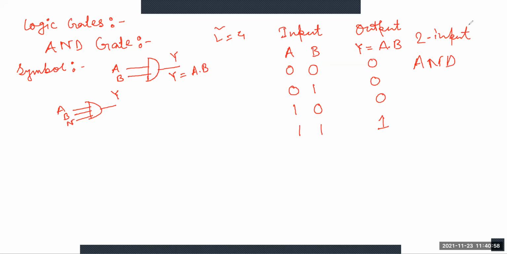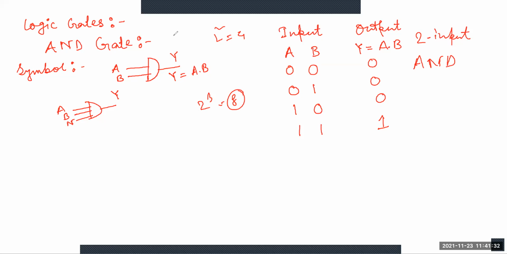Can you tell me for a three input AND gate truth table, how many combinations we will get? 8. 8, because 2 to the power 3 means 8, so we will get 8 combinations for the case of three input AND gate.